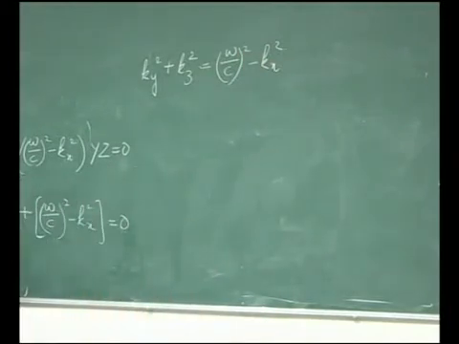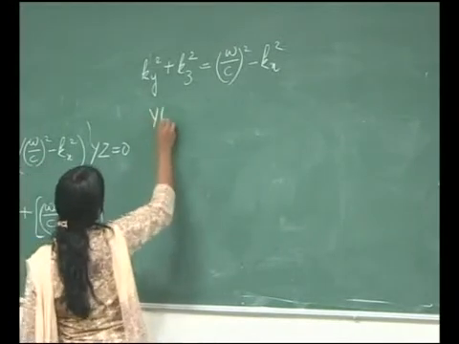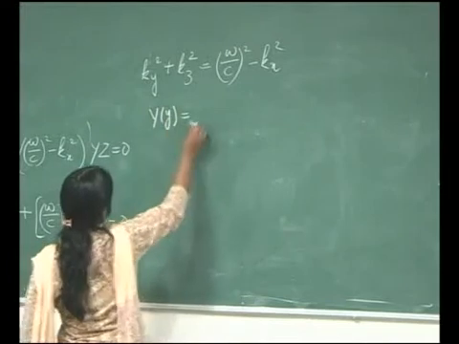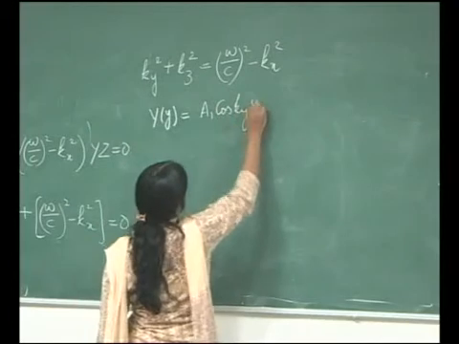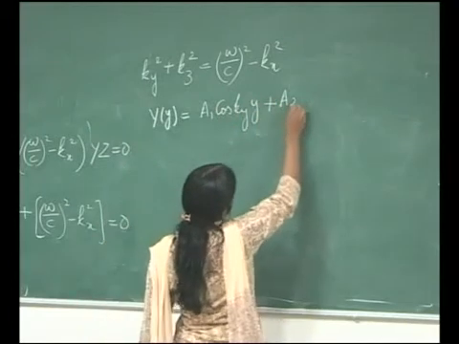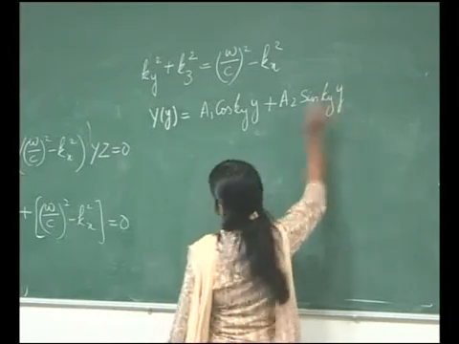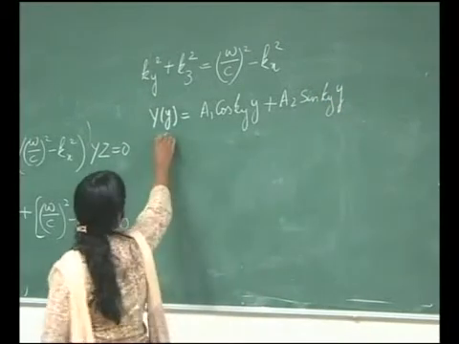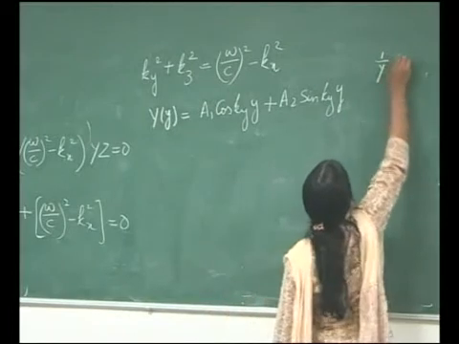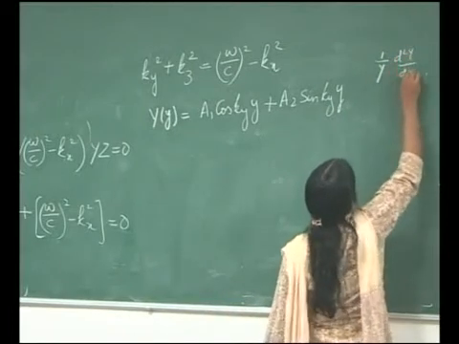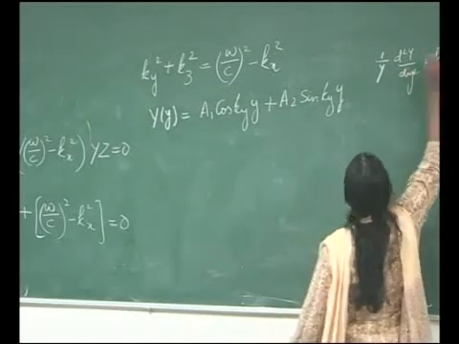Okay. Then I can write that the solution of this equation is A1 cos ky y plus A2 sin ky y. These are standard equations. So this is the solution of the equation 1 by Y d2Y by dy square plus ky square is equal to 0.